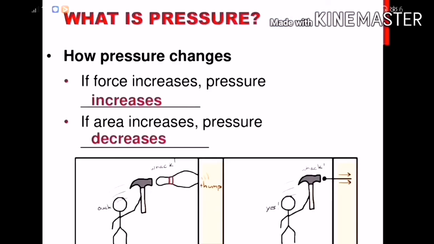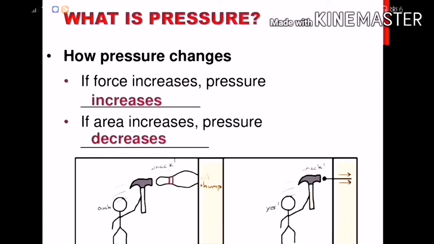Students, see this example. We discussed this example earlier also. When we apply a force on a nail, it is inserted easily into the wood, because the bottom of the nail is very sharp. That's why it is easily inserted. And what about the other picture? It is not easily inserted because the area of that object is broad.